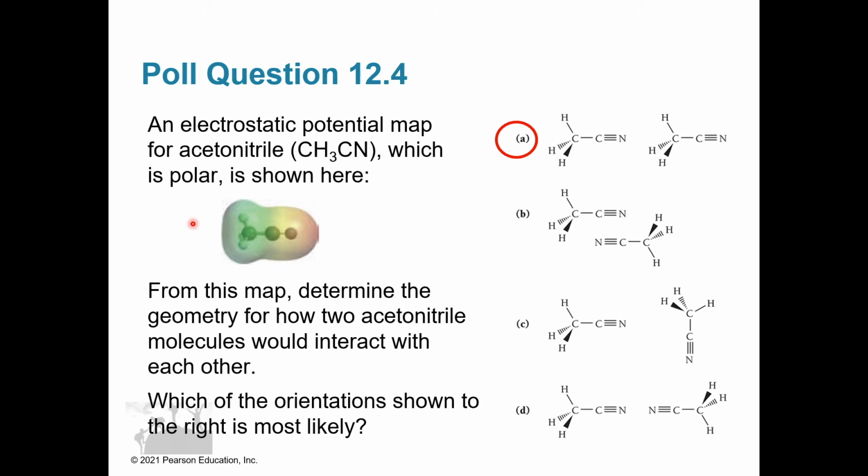So that means this end is more positive. So our answer here is letter A. Like we said before, the nitrogen end is going to be negative. The hydrogen end would be positive. So if another acetonitrile molecule comes along, this negative end is going to be attracted to the positive end of another acetonitrile molecule. So this would be the orientation. Our answer here is letter A.